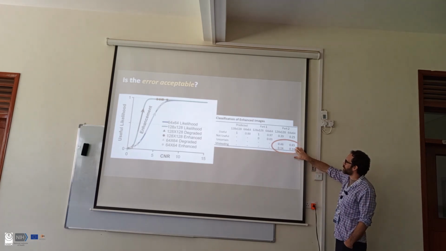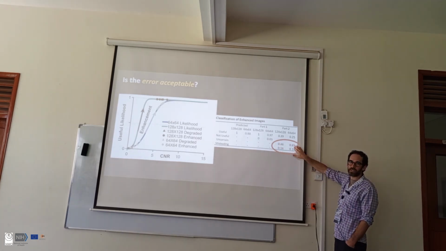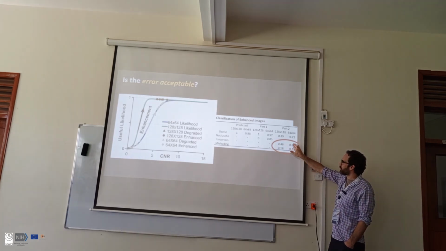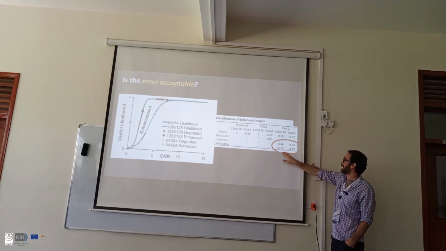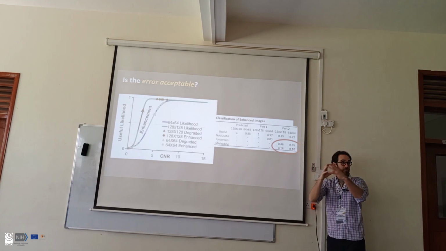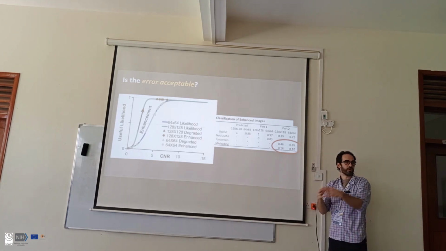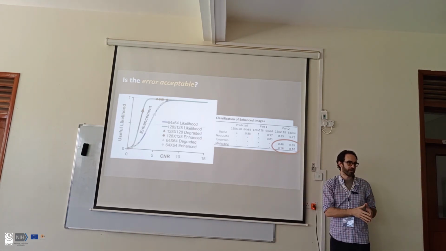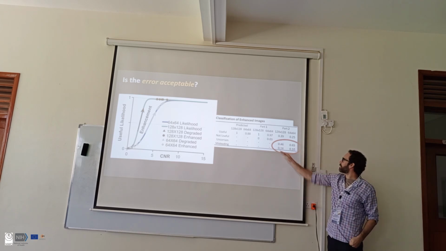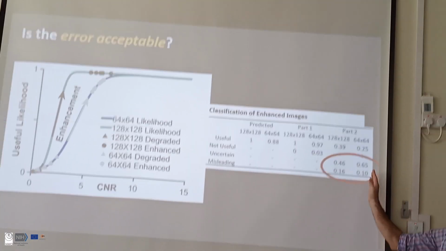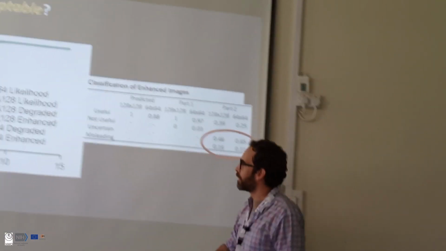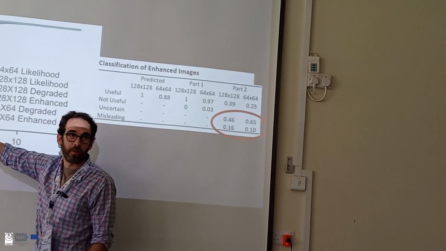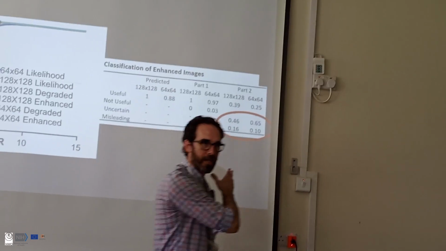We have this uncertain and misleading category here, where uncertain is some of the surgeons thought the image was no longer useful. Misleading is we changed from all of them thinking the image was useful to all of them thinking the image was not useful. So this accounts for nearly 70% of the data that we have. So clearly, the logistic regressions from part 1 don't apply to the enhanced images.